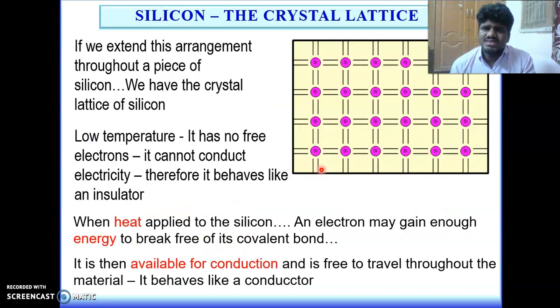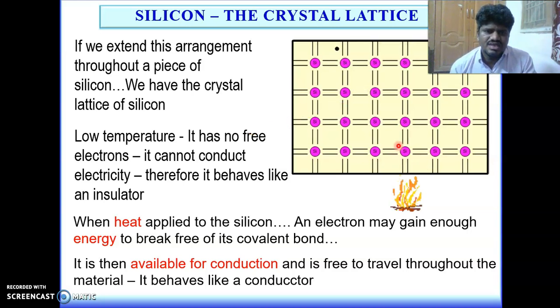Next, in silicon, the crystal structure looks like this. It is 2-dimensional. If you extend the same thing to 3 dimensions, you can see the diamond cubic structure. Whenever we apply energy in the form of heat or electrical energy, some electrons become free from the lattice and move freely in the lattice.